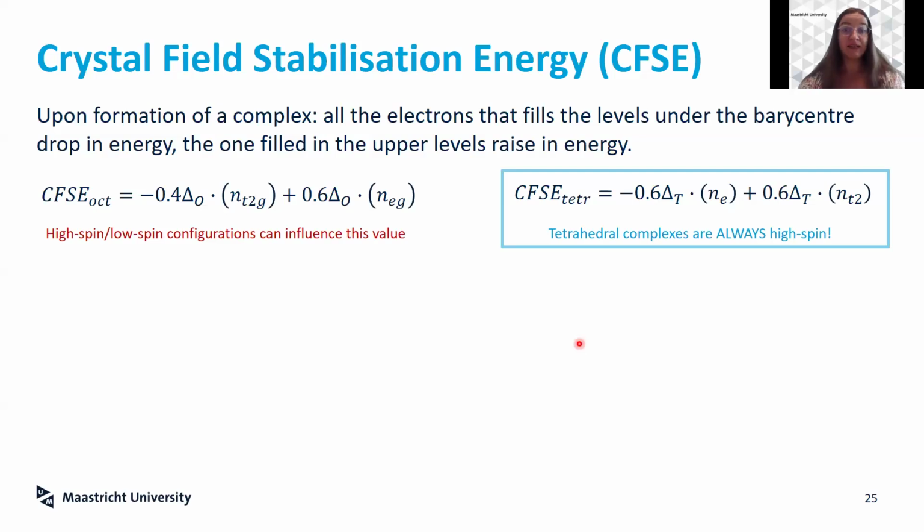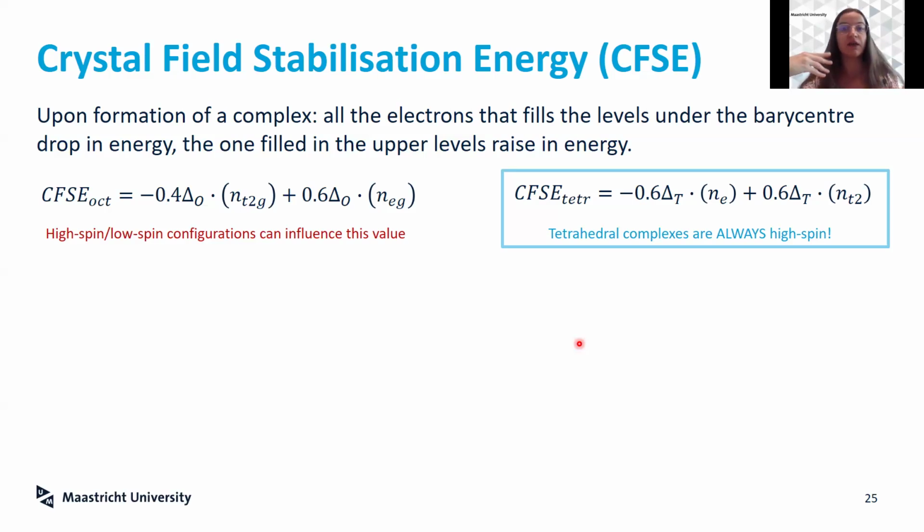If we say that the complex likes to be a complex, it is because technically speaking, there must be an advantage from an energetic point of view in interacting. There must be something that is making the interaction profitable from the energetic point of view. So this profit is something that you can check with the crystal field stabilization energy, CFSE, which can be set up for both the octahedral configuration or the tetrahedral configuration.